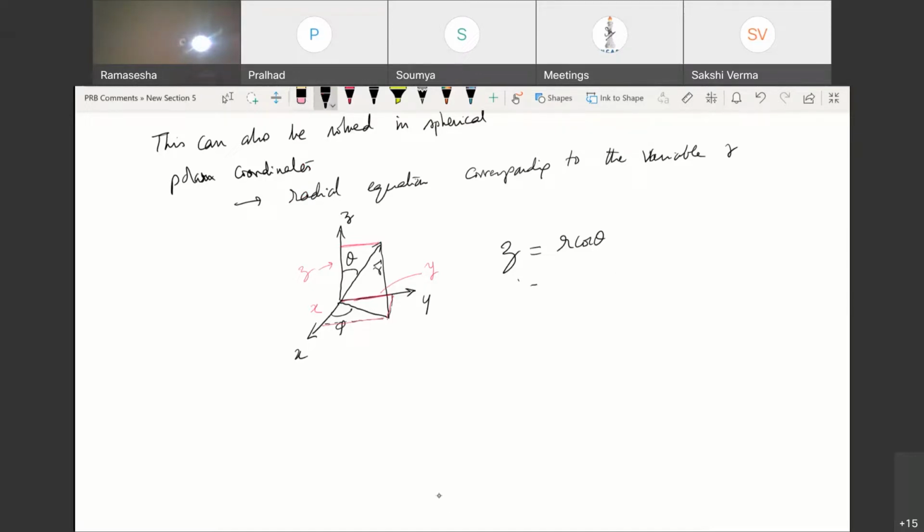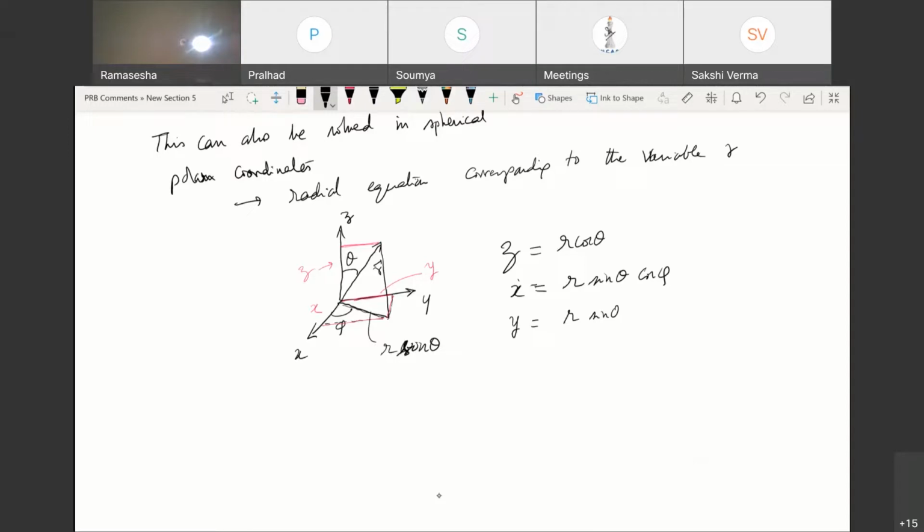So x is equal to R sin theta cos phi, because the projection of R onto the plane is R sin theta, and y is equal to R sin theta sin phi.